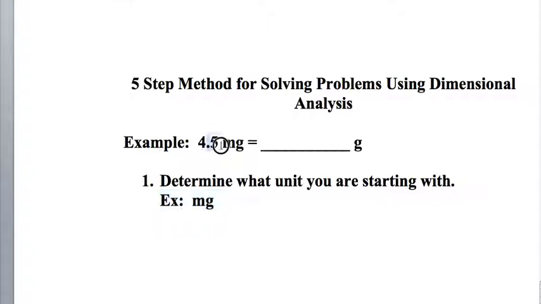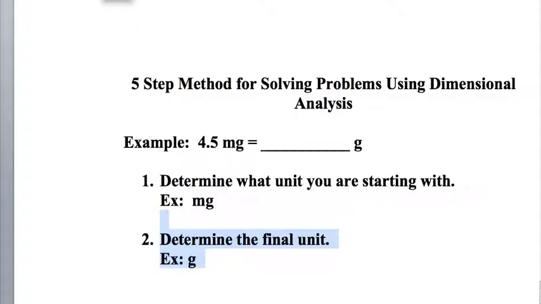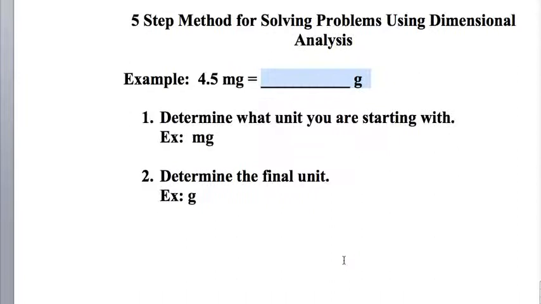There's that 4.5 milligrams right there. The next question you can ask yourself is, what unit are we trying to get to? Or determine the final unit. In this case, we want to know how many grams that's equal to.